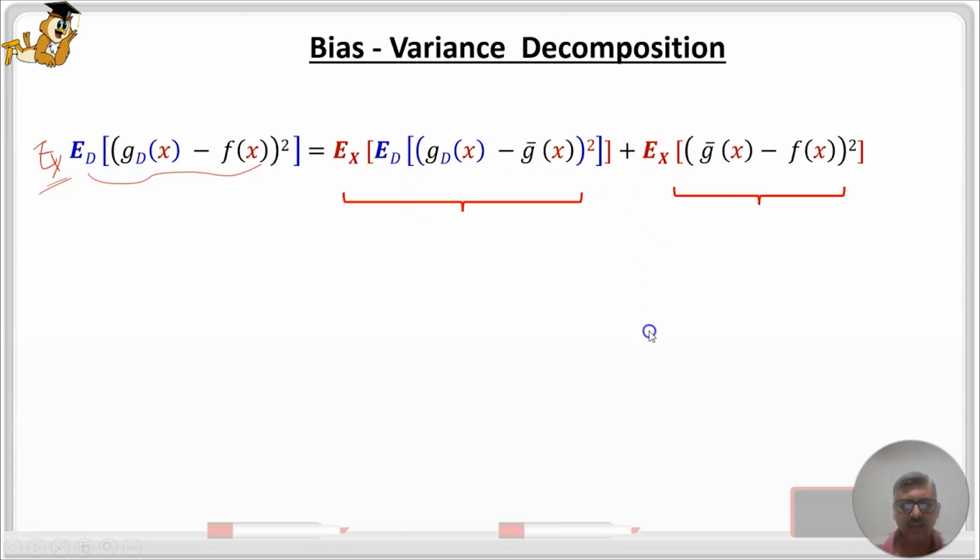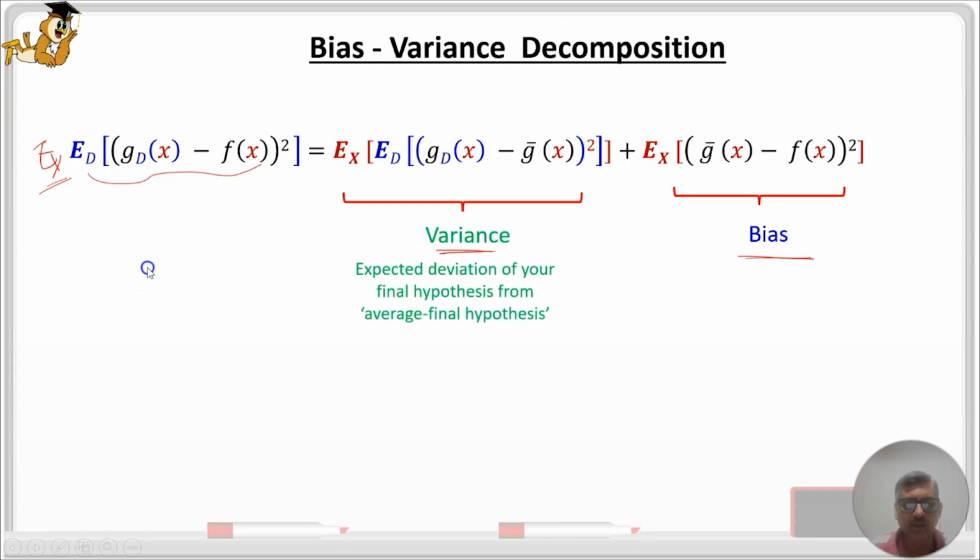And as we saw in the last slide, this is the variance and this is the bias. Let us see if they are exactly what we discussed in general terms before we jumped into the math.